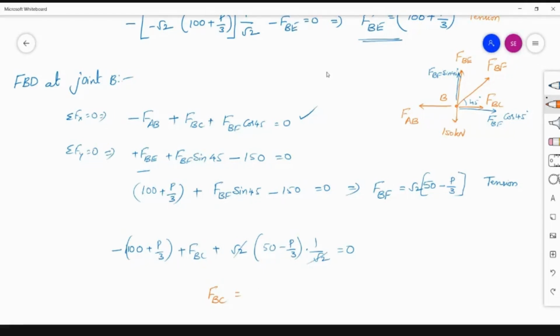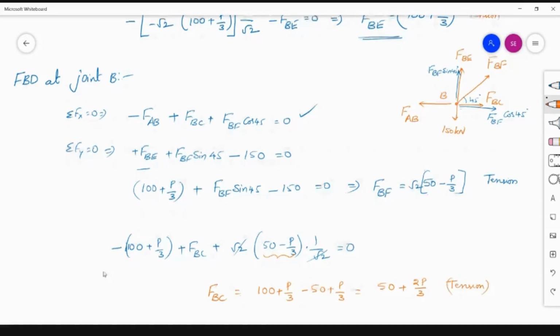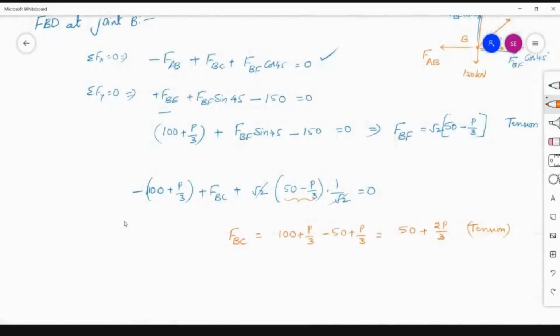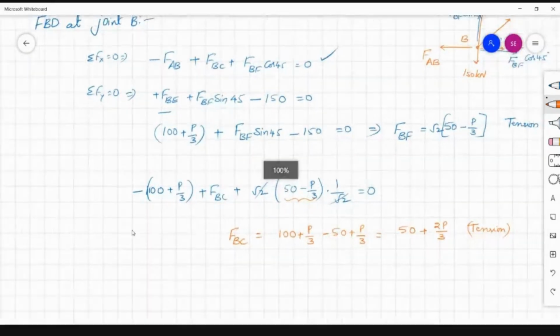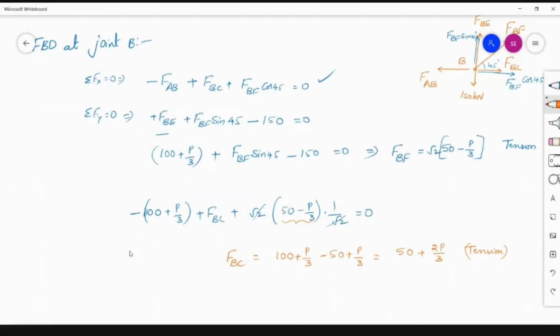This is minus 100, it will go to the right side, which is 100. Minus P by 3, this will go plus P by 3. This 50 minus P by 3, minus 50 plus P by 3, which is 100 minus 50 is 50 plus 2P by 3. So FBC value is 50 plus 2P by 3, which is tension. So force in BC is tension, 50 plus 2P by 3.